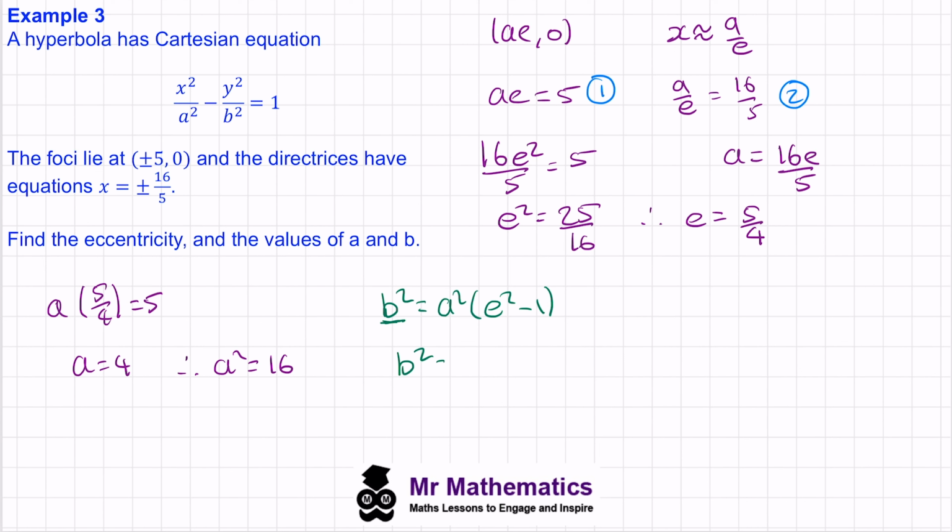So b squared will equal 16 lots of e squared, 25/16 minus 1. When we expand out this bracket, these will cancel. So b squared will equal 25 and then minus 16. b squared will equal 9. So b will equal 3.